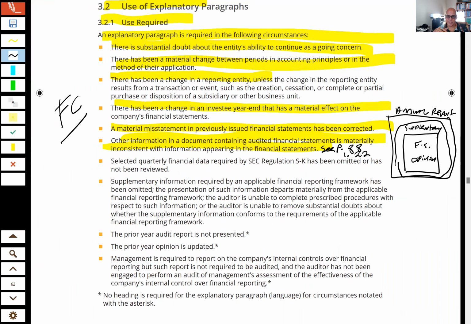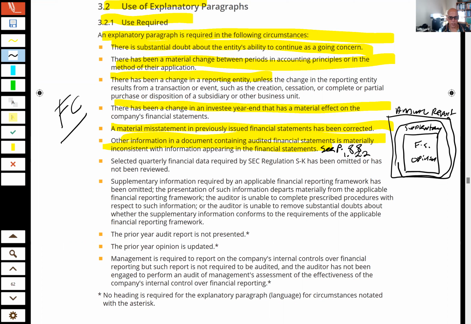But basically, what they're saying is, let's say you have a requirement to read the other information. Say the management discussion and analysis is included in the annual report, and they're saying that they had revenue growing at the amount of 500 million per year.